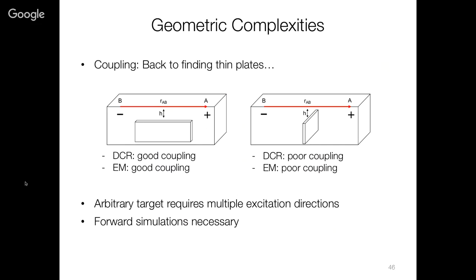This is not going to be a very good coupling for the EM part, right? Because there's really very little surface area for the magnetic fields to get. So that's going to be pretty hard to detect. So you can see that when you've got complex geometry, you really need to excite in a number of different directions.